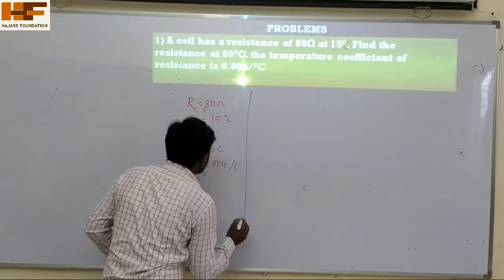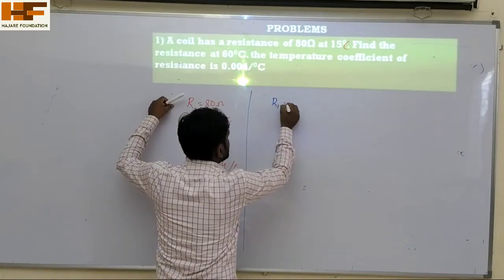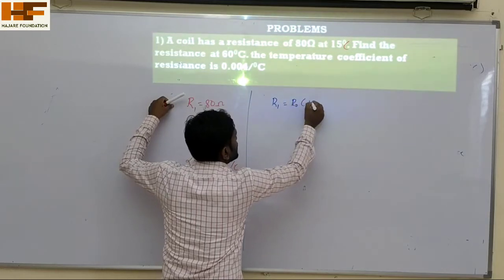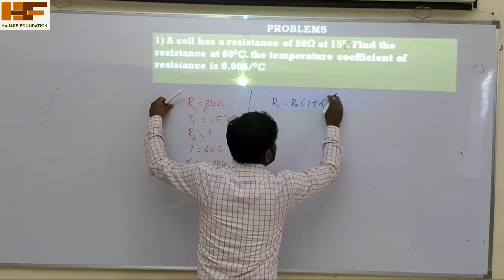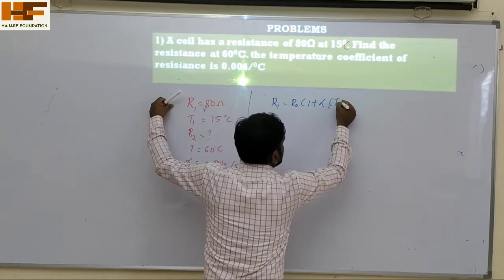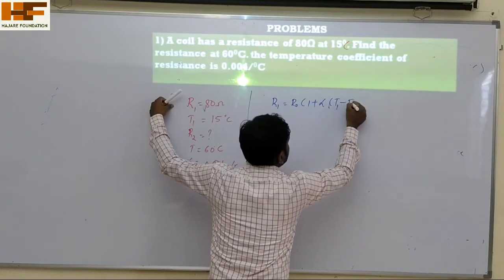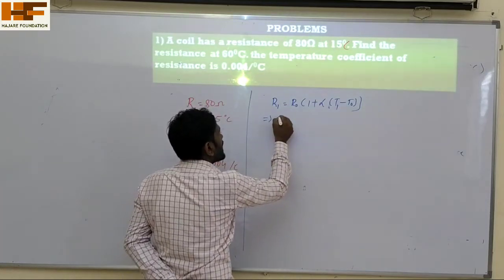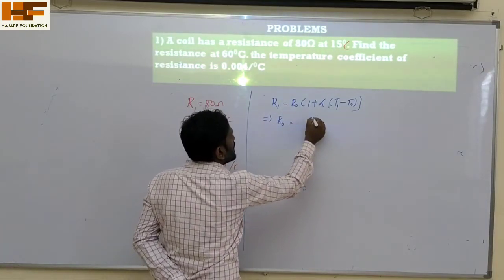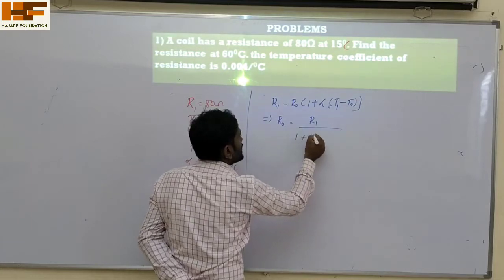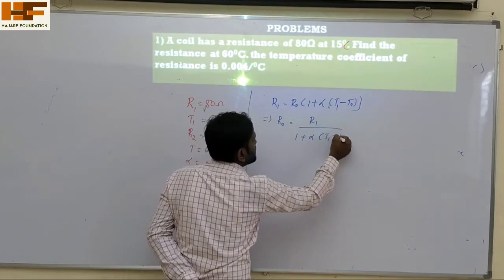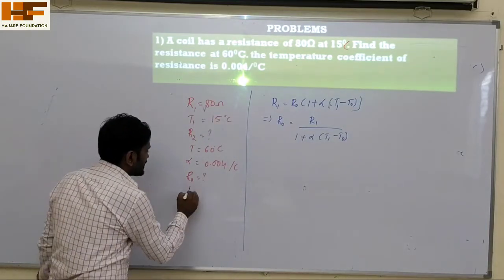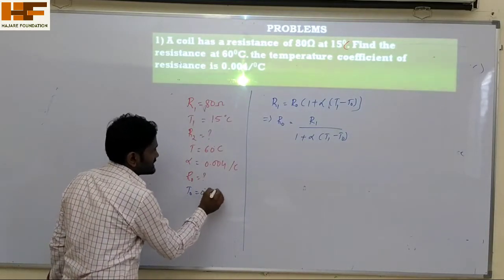Here R1 is equal to R naught into 1 plus alpha into T1 minus T naught. So R naught is equal to R1 divided by 1 plus alpha into T1 minus T naught. Already we know all the values. Here T naught is equal to 0 degrees Celsius.